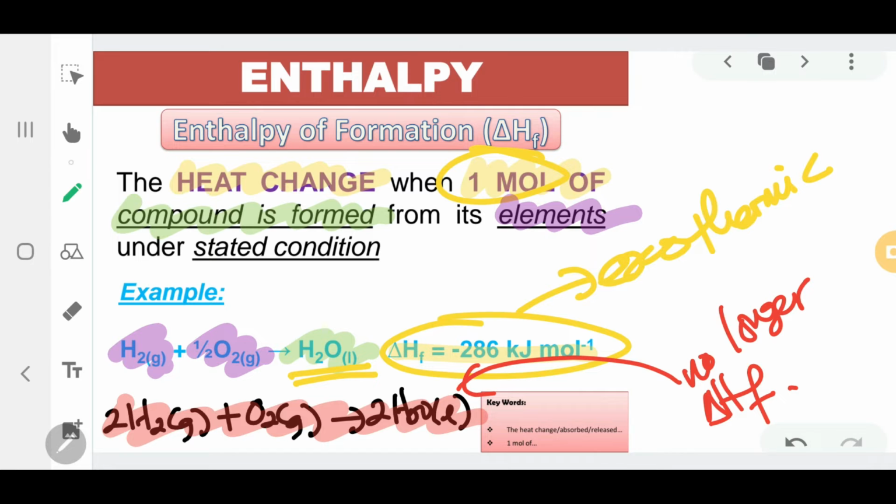It's no longer going to fit the definition of enthalpy of formation, because right now, when you look at the compound formed, we have 2 moles of compound being formed. In the enthalpy of formation, it's important for you to have 1 mole of compound formed from its elements.